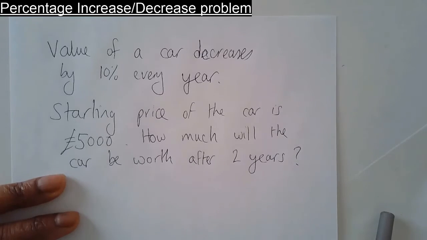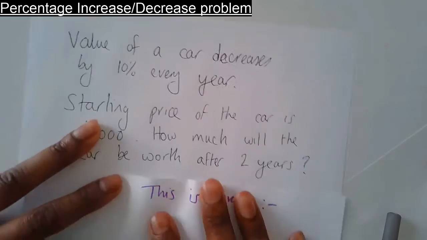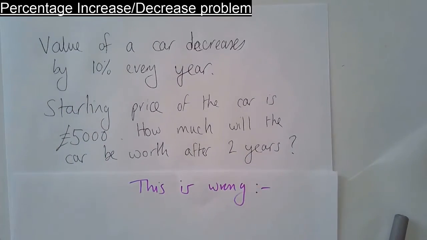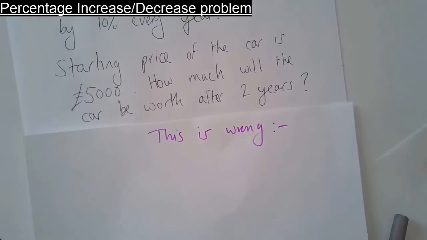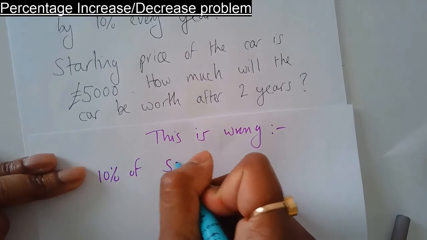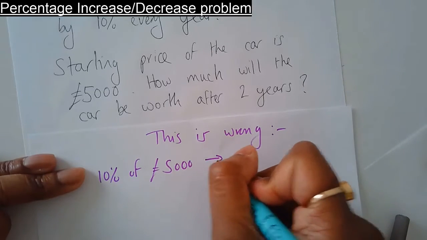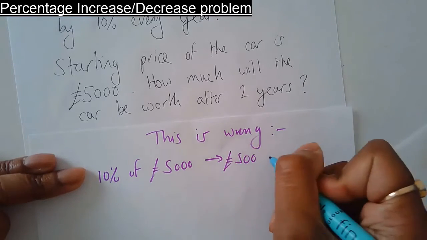To answer this question, this is the mistake people make. They work out 10% of 5,000. 5,000 divided by 10 is £500. This bit's fine.